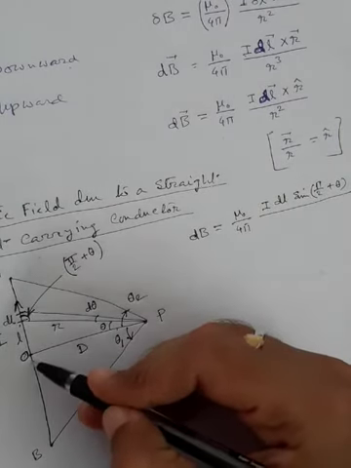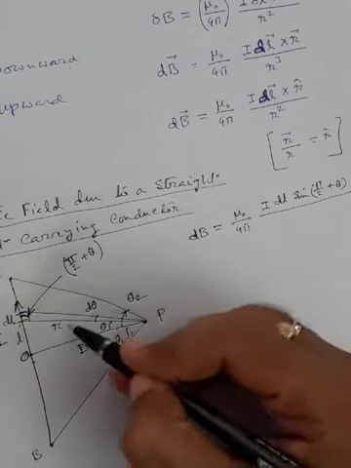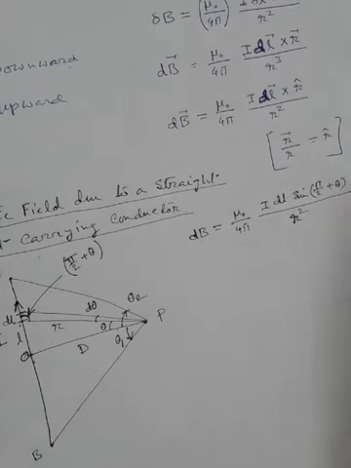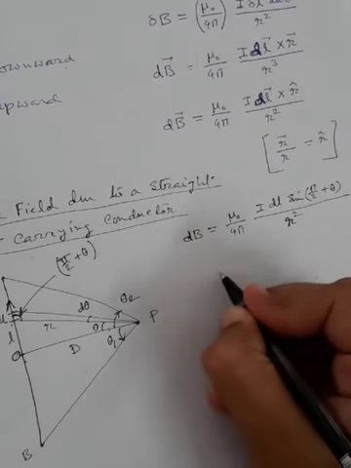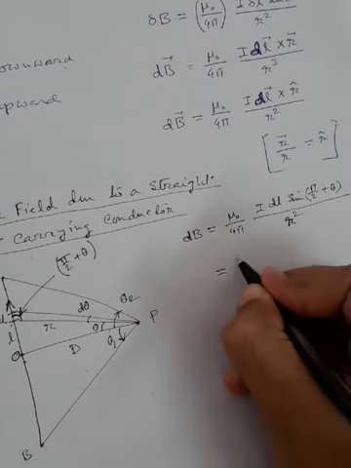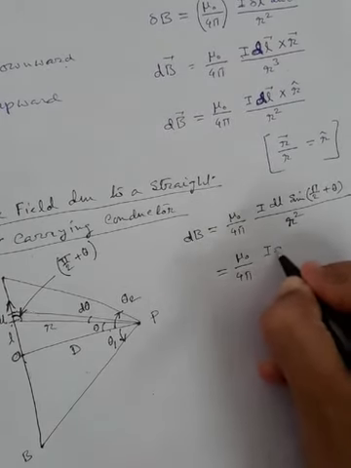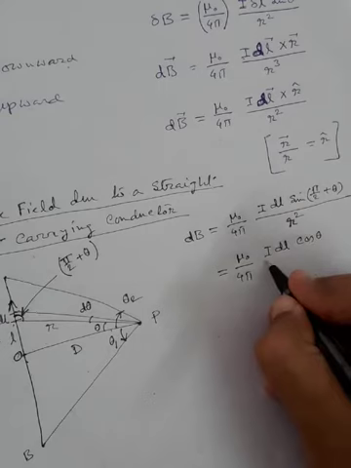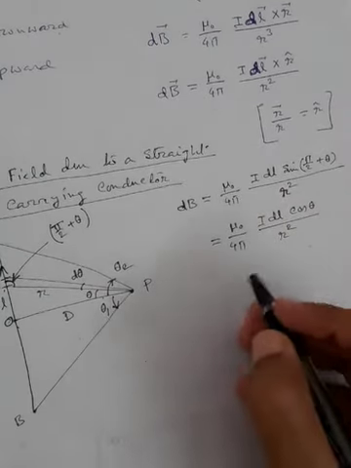Sorry, actually for this element dl, the distance is r, so r square. Now by simplification we can write mu 0 by 4 pi I dl cos theta, since sin of pi by 2 plus theta is equal to cos theta, by r square.